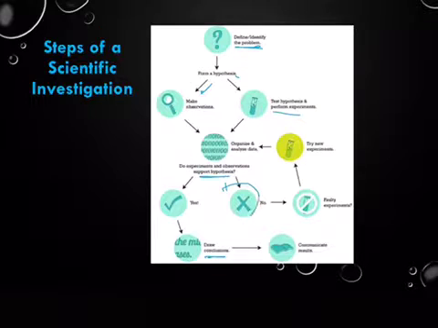However, if your data does not support your hypothesis, you have to reevaluate your experiment. Was there issues with the experiment? Were there flaws? Where were the problems? And then you get to try new experiments, which then brings you back to new data.